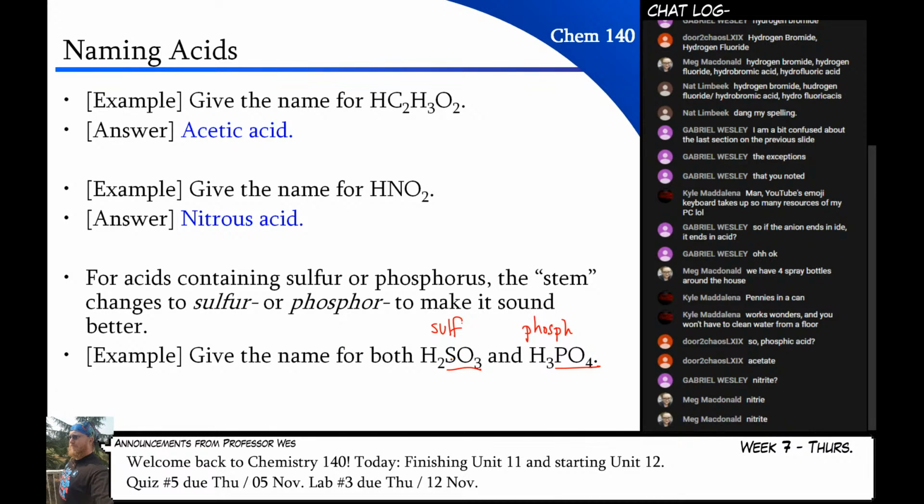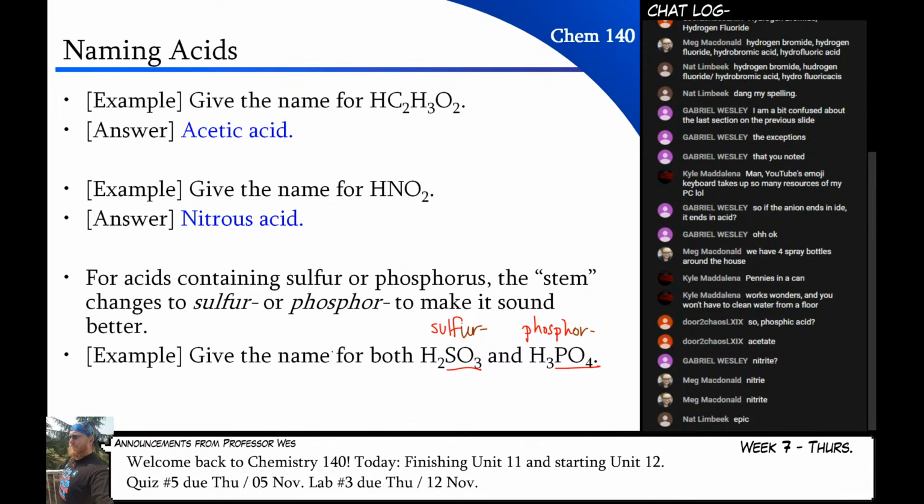But apparently, that doesn't sound very good to chemists. So we add extra letters to those stems to make it sound better. And so now what we can do is then do the name.